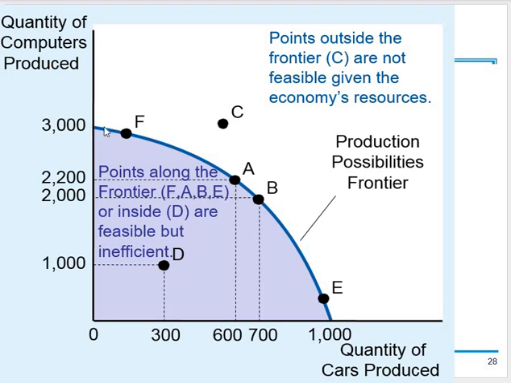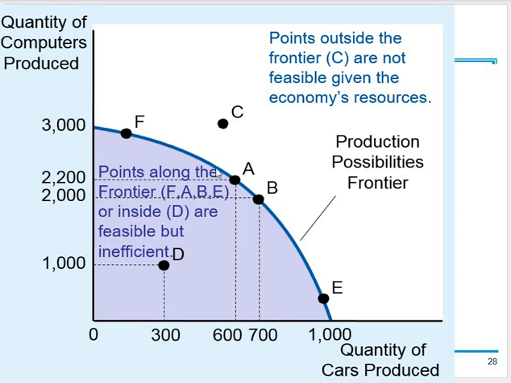If you start from this intercept here, and you want to produce more cars, like say at the C level, almost 600, then you have to produce fewer computers. You cannot make 3,000 computers and maybe 580 cars at the same time. If you want to make 3,000 computers, you can only afford 0 cars. If you want to make, say, 580 cars, then you can only make slightly above 2,000 computers.